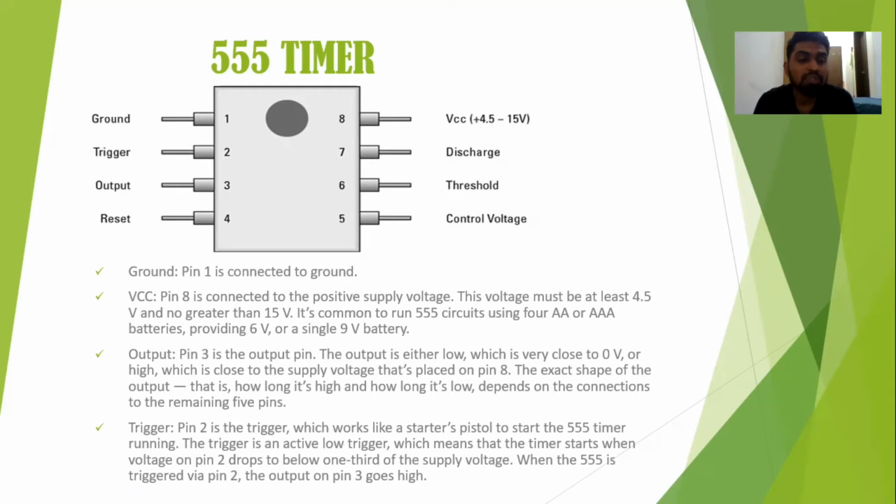Pin 2 is the trigger, which works like a starter pistol to start the 555 timer running. The trigger is active low, which means the timer starts when the voltage on pin 2 drops below 1/3 of the supply voltage. When the 555 is triggered via pin 2, the voltage on pin 3 goes high.